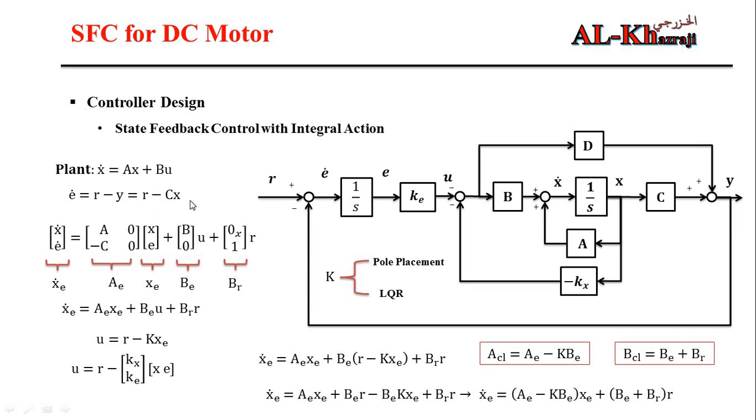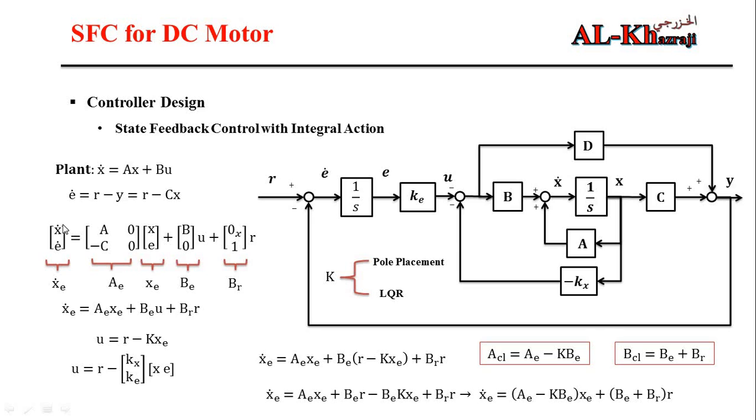So we already have the formula for X dot, and now we just added a new state with the derivative E dot. What's the relationship between X dot and X? It's the same A as before. What's the relationship between X dot and E?